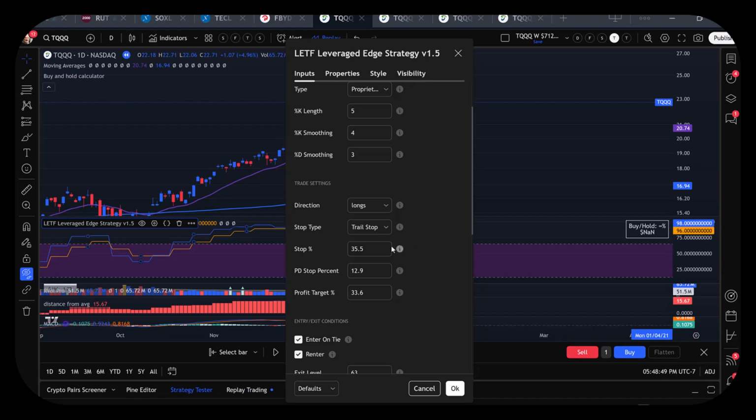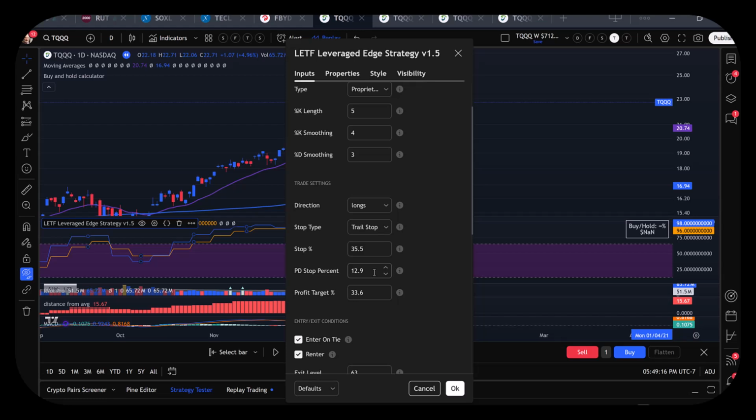And we're saying that we're going to use a trailing stop of 35.5%, a PD stop of 12.9%. And what that means is that if the strategy is in a buy and the price falls 12.9% or more from the prior day close, it's going to stop out.